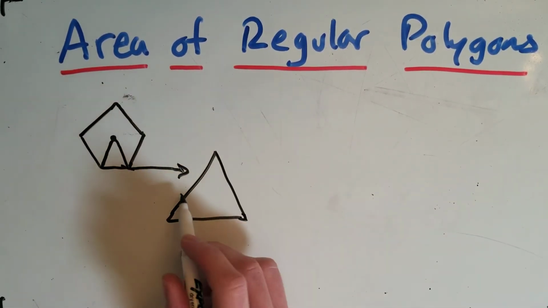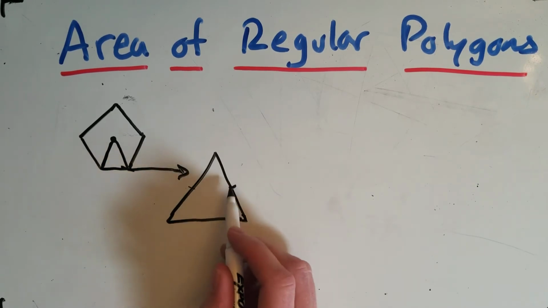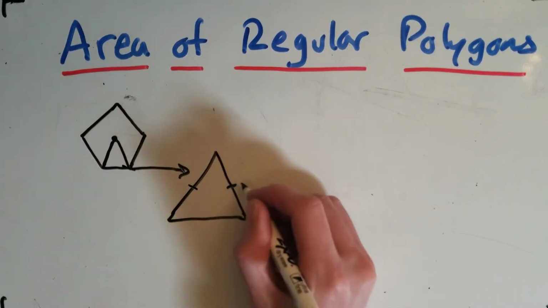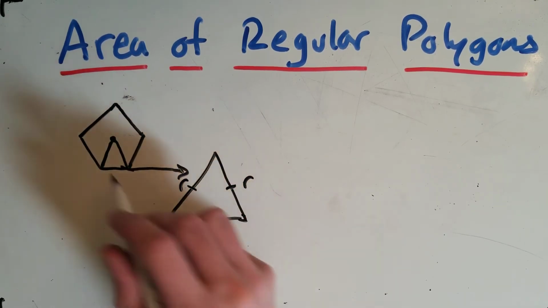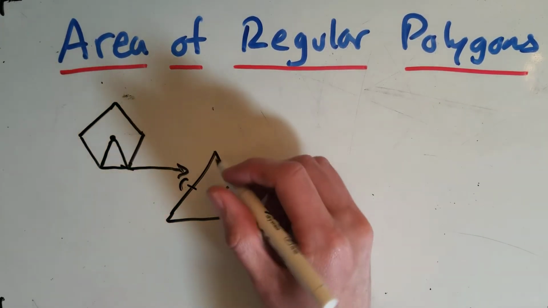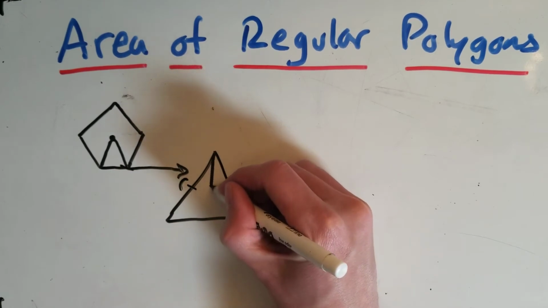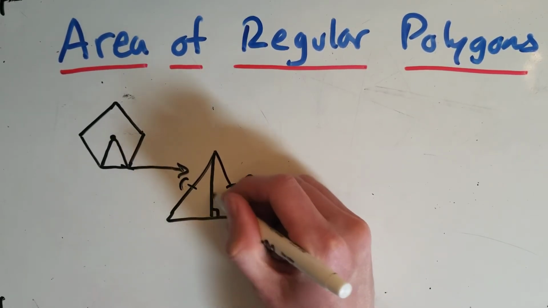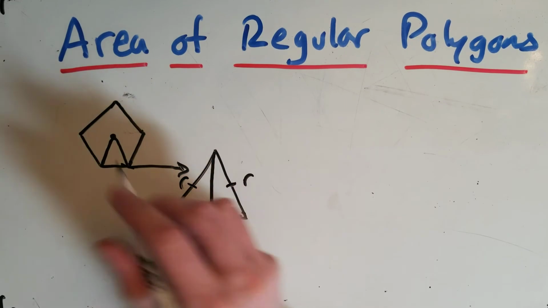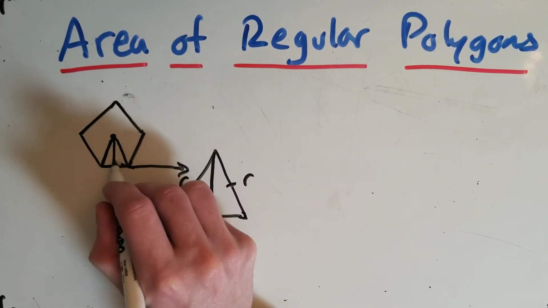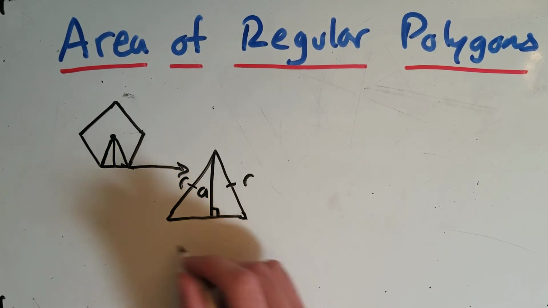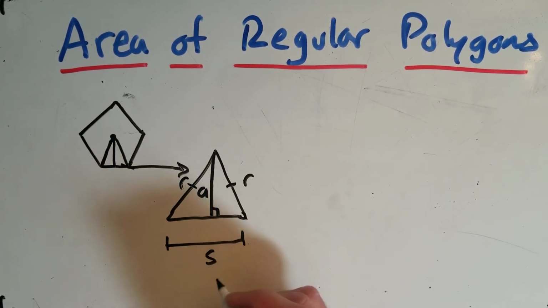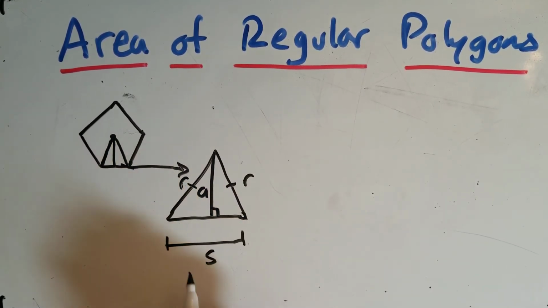These 2 sides up here are both congruent. They are going to be the radius of our pentagon. This side, really the altitude of this triangle going down, in terms of the pentagon, that is the apothem. And down here on the bottom, this whole length is the side length.